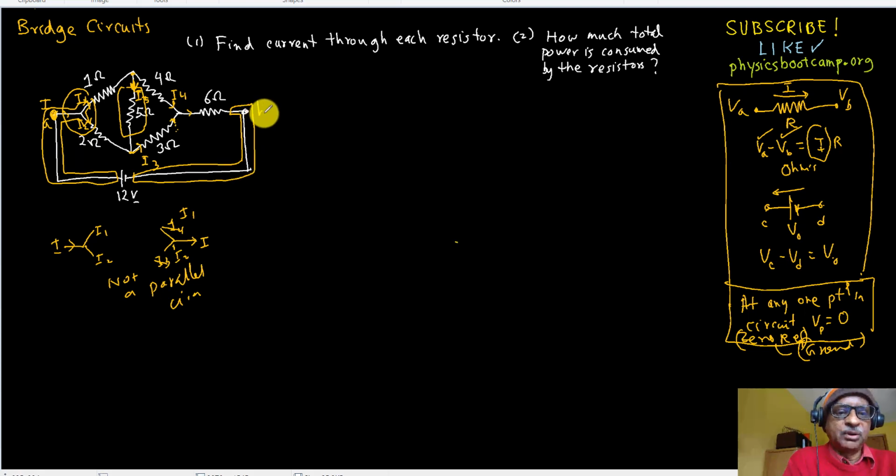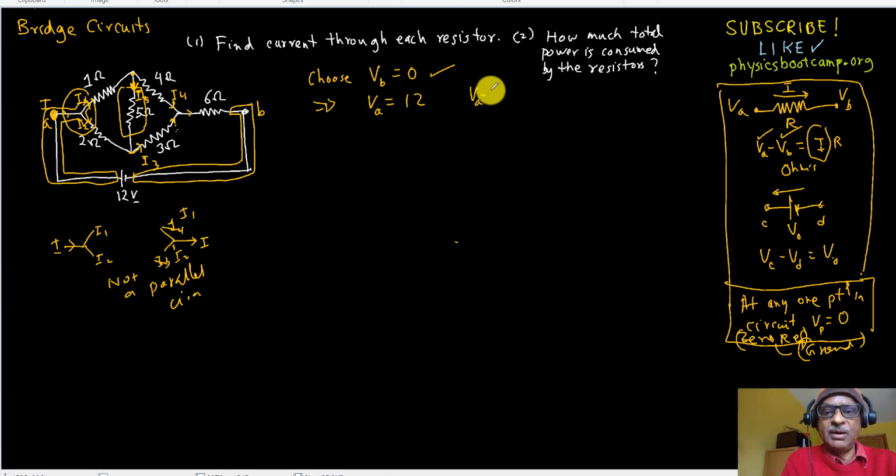At one point I'm supposed to set 0, so I'll choose VB equal to 0. So this is known, and that makes VA simply 12 volts, because VA minus VB is 12.